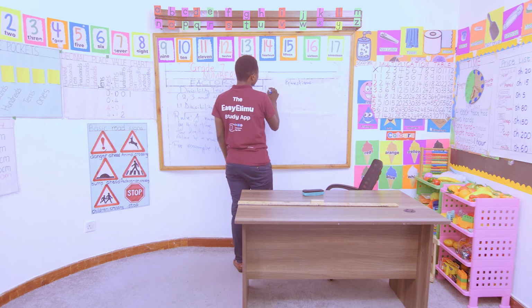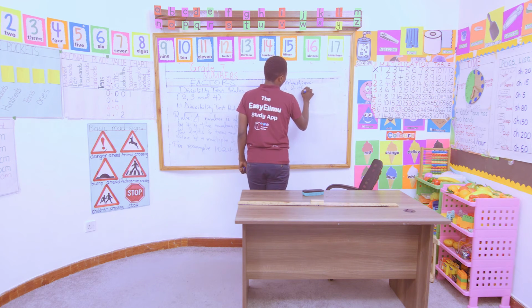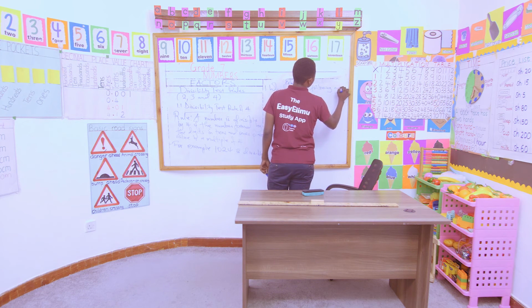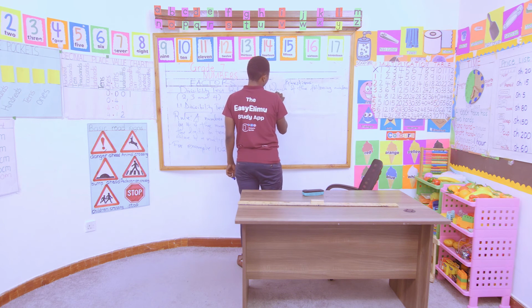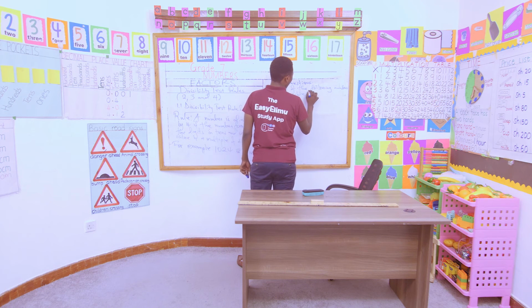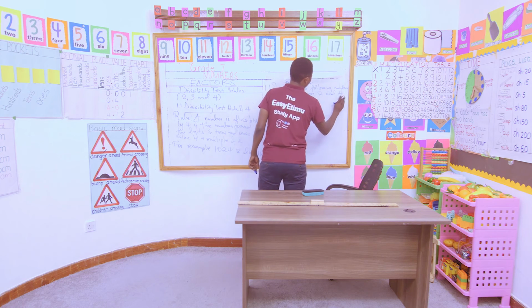Number 1, which of the following numbers are divisible by both 2 and 4?